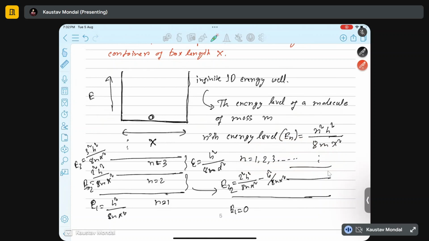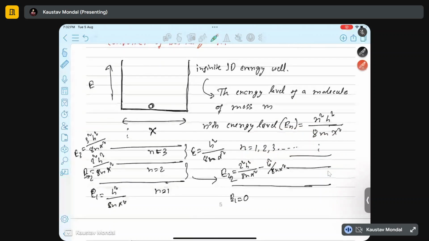Initially the ground state, n equal to 1, has some energy. In order to make the ground state energy equal to 0, we subtracted the ground state energy from each energy level. So we get E1 equal to 0, E2 equal to this.